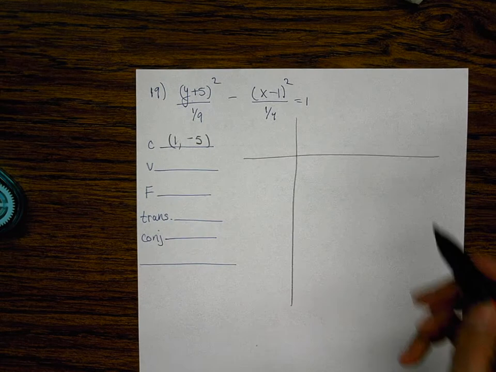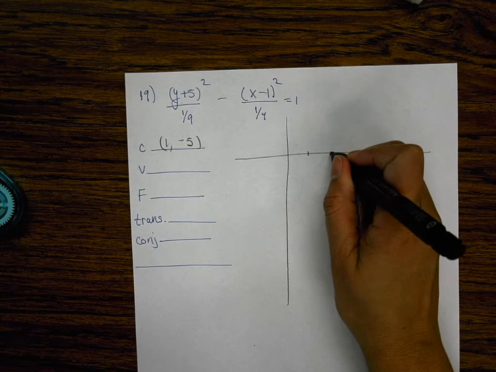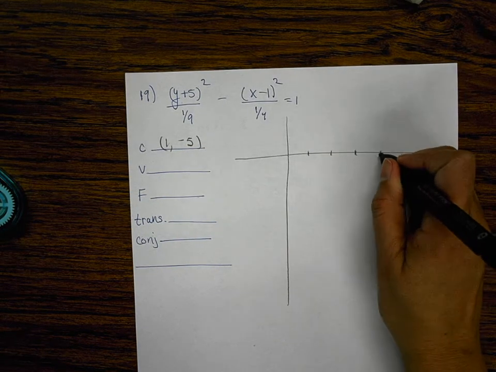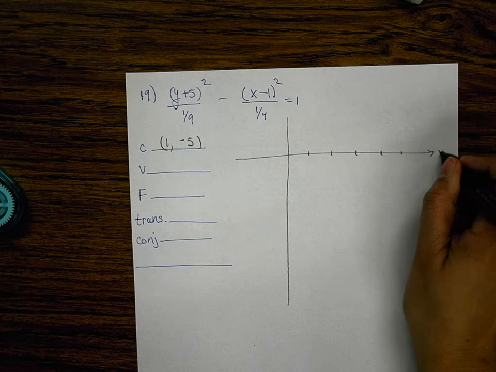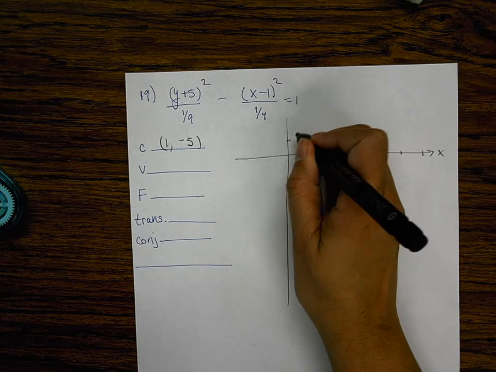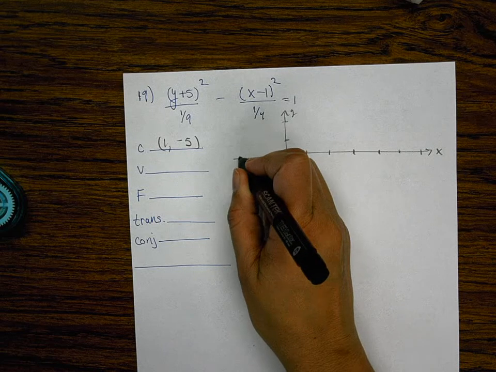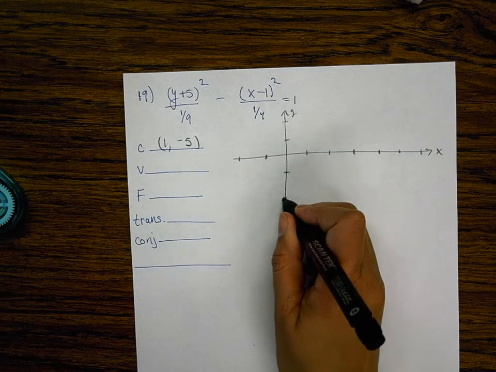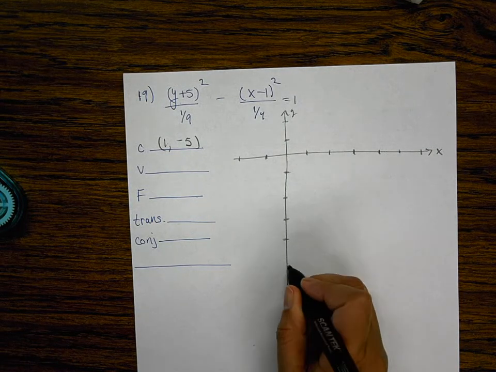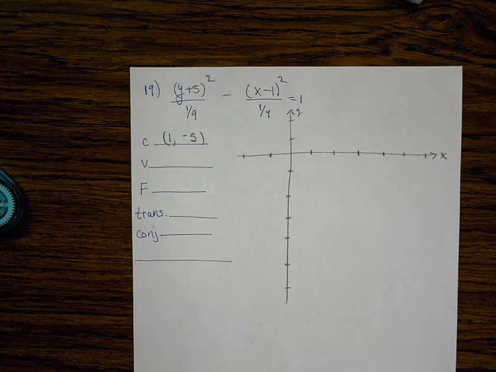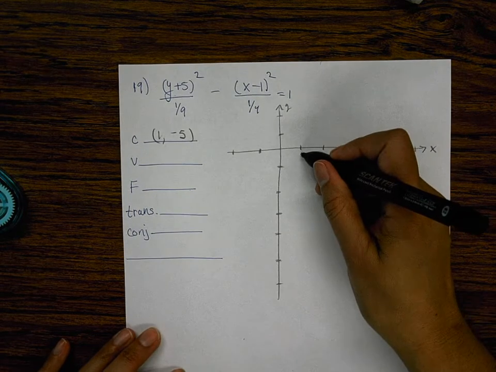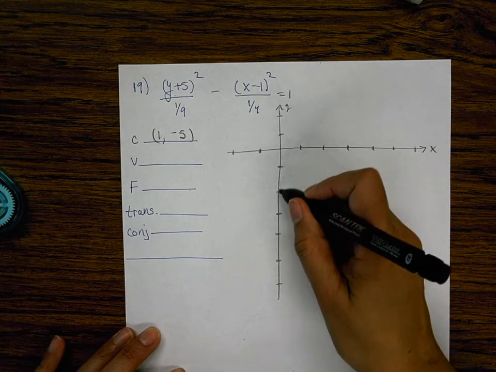1, negative 5. All right, I'm going to make my spacing kind of big because of the fractions. So I'm going to go right 1, down 5. 1, 2, 3, 4, 5.